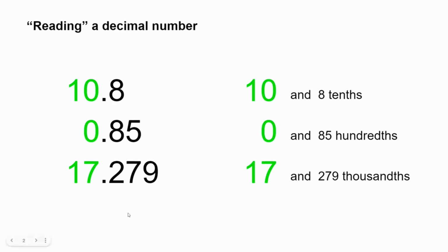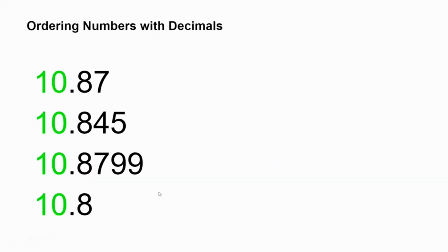The reason I went through that is that it is related to the way that we sequence decimal values. So let's take a look at actually sequencing some values. Here we have 4 decimals, and we can see that the whole number part is the same, but the decimal values are all different. What I recommend in this case is to add zeros so that they all have the same number of values after the decimal point.